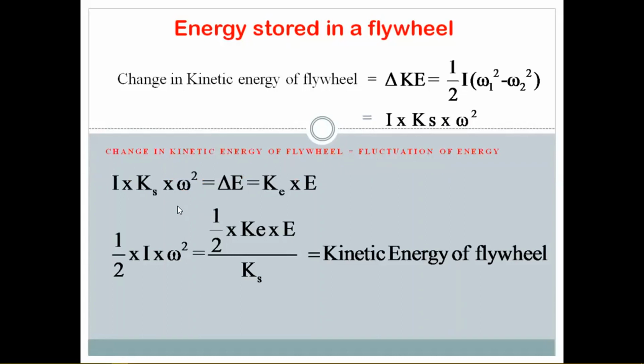So delta E is equal to I Ks omega square, which is also equal to Ke into E. Now, if you simplify once again, half I omega square is equal to half Ke into E by Ks, which is also equal to the kinetic energy of the flywheel.